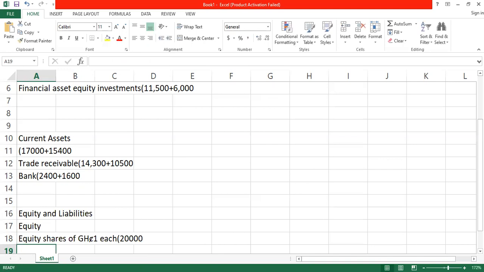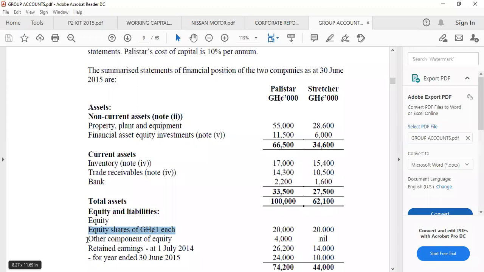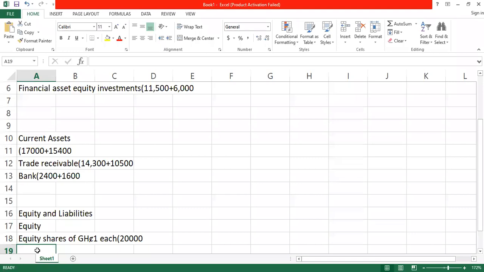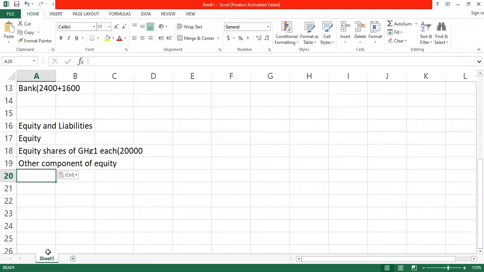What is the next item there? Other components of equity. We show only the parent's own, so we leave it like that. We go and do workings for it and see whether there are other items that will increase that one.